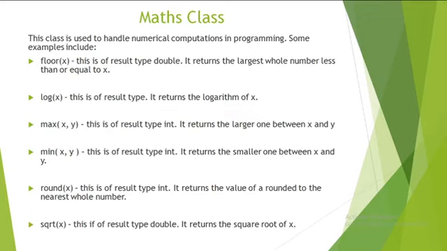Once you pass it to the floor method of the Math class, which is of result type double, it returns the largest whole number less than or equal to x. Whatever the floor method does is going to work on the number and give you a result. For example, this is log x. I didn't write the result type, but it is double, because when we did logs in school the result was mostly in decimal.